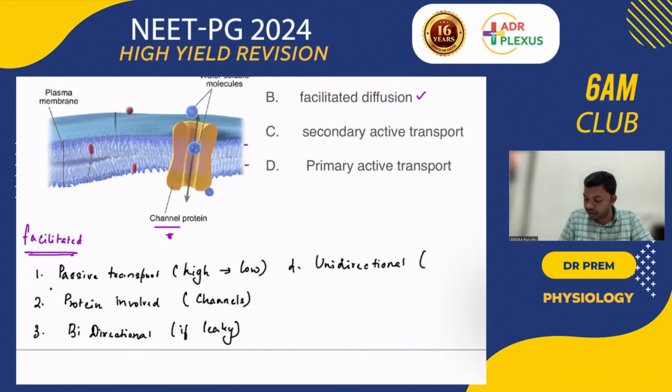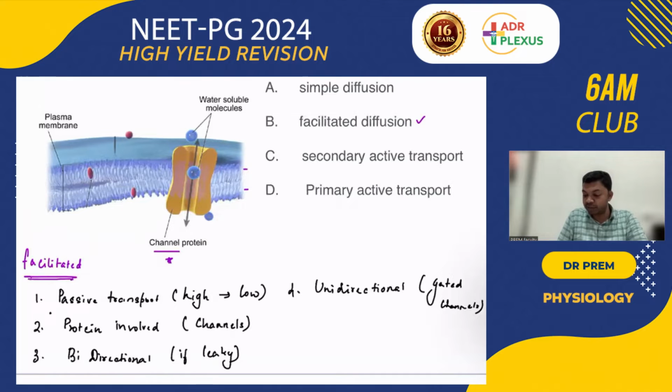Unidirectional transport is possible for gated channels, guys. And in this picture, we are seeing a channel without a gate, isn't it? There is neither a gate on one side of the membrane nor a gate on the other side of the membrane. There is no gate closing this channel. As a consequence, this channel is going to be involved in bidirectional transport. So everything favors option B. The right answer for this question is B, facilitated diffusion.